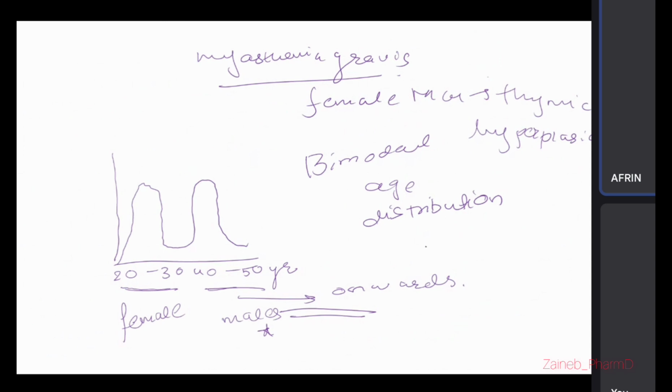And if it occurs in later adulthood, then males are more prevalent, and they also have a thymic abnormality, which is known as a thymoma. Now, what is thymoma and what is thymic hyperplasia? We'll discuss in detail further. First, we'll see the mechanism of action of myasthenia in detail.